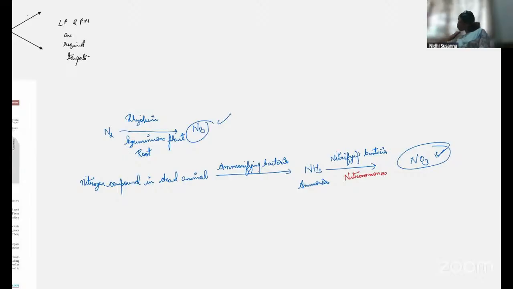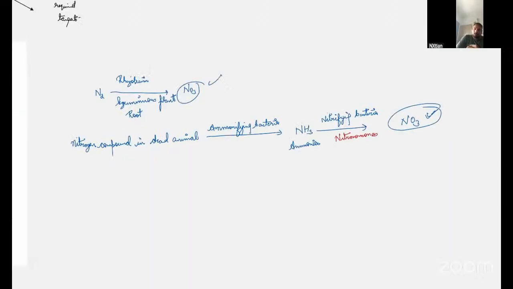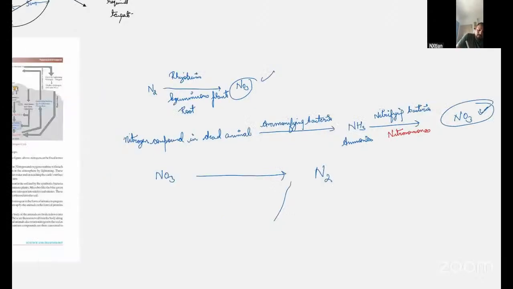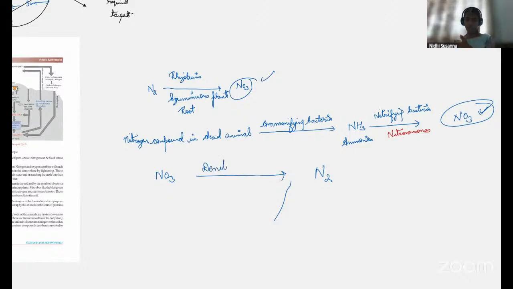Then, as I told you, some NO3 is eatable, but it is reconverted into nitrogen, which is not useful for the plant. That is called denitrifying. So it's N2 to NH3, then NH3 to NO3.